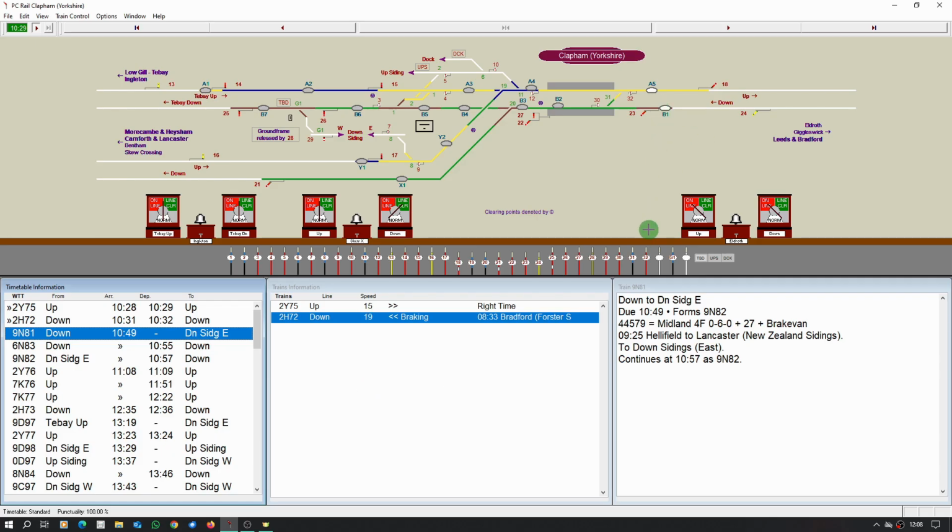Just coming in now. Just cleared the track circuit, so I'm safe to put 18 back, and 24 I can put back.